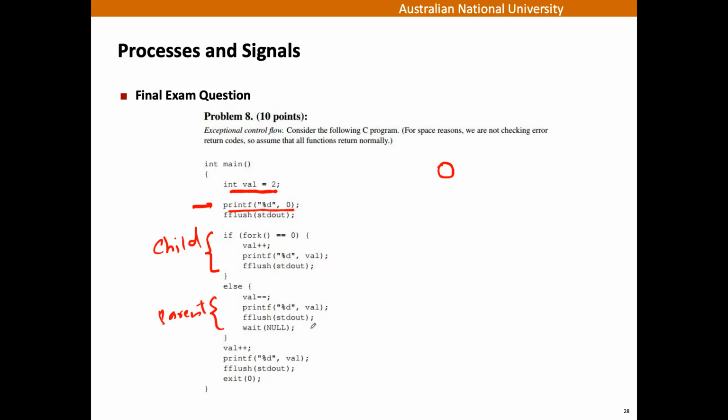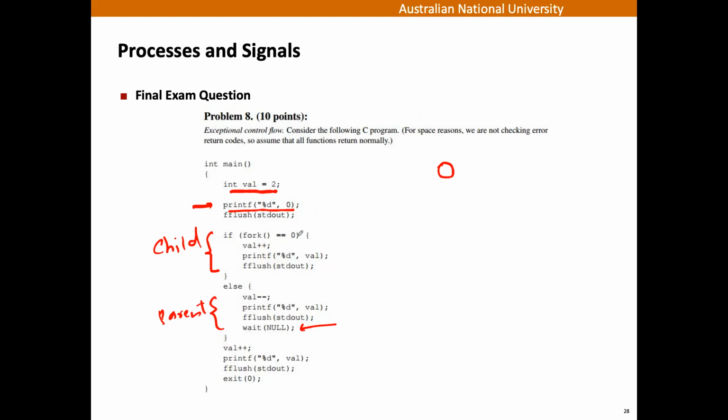Notice that by putting the wait here, we have opened up the option of multiple outputs, multiple possibilities, because now the child could execute first or the parent could execute first, and we have to figure out which output is not possible. So there are two possibilities.